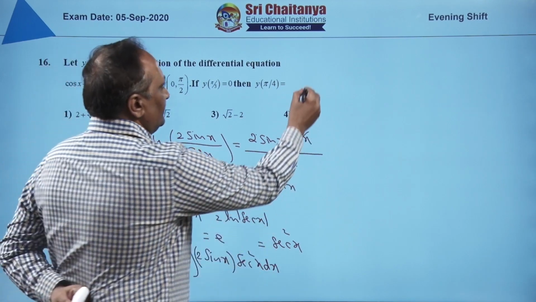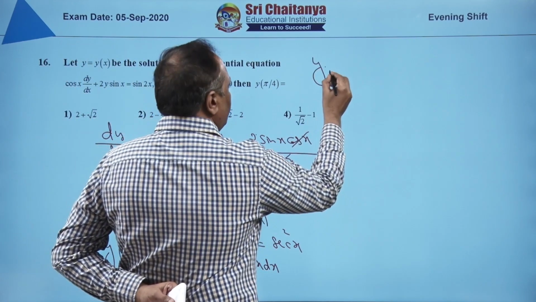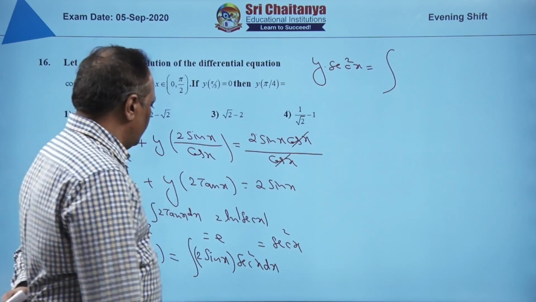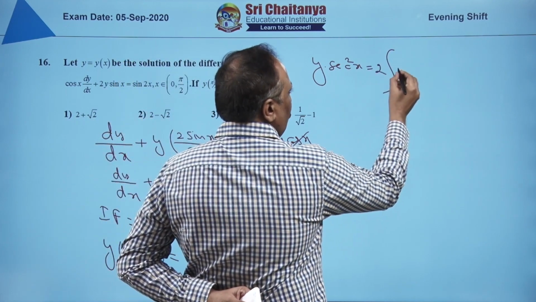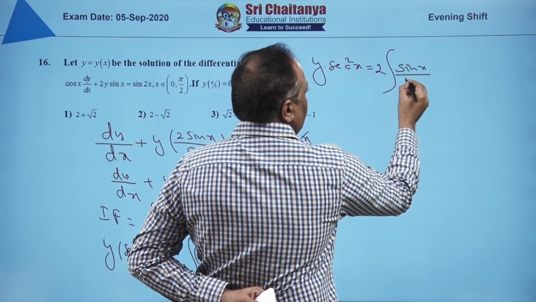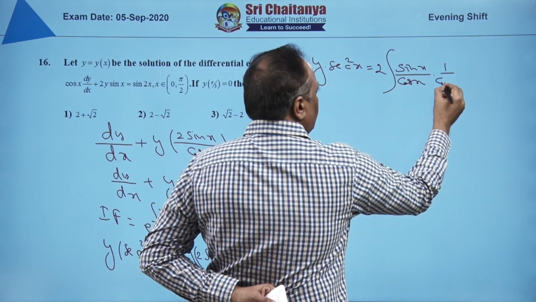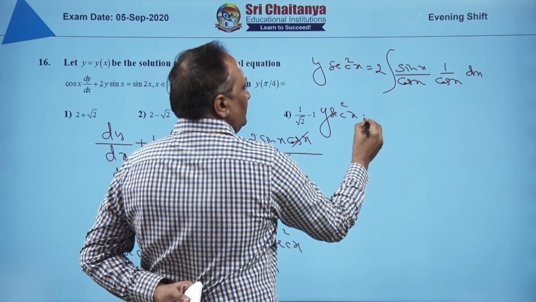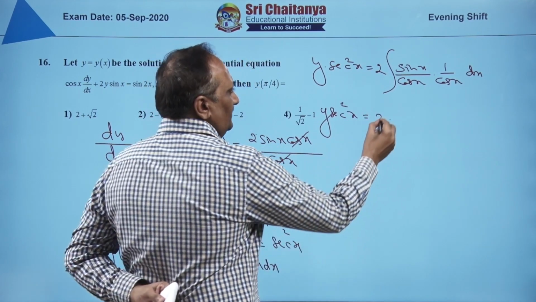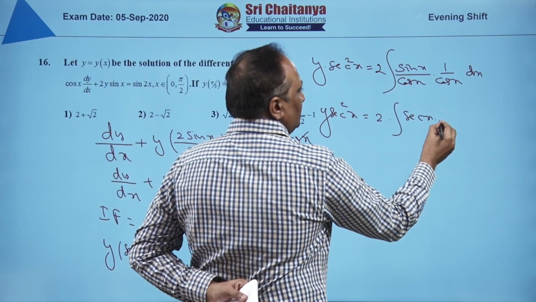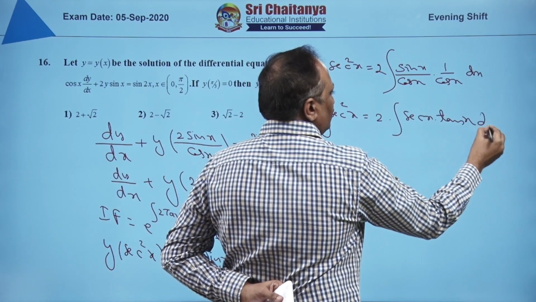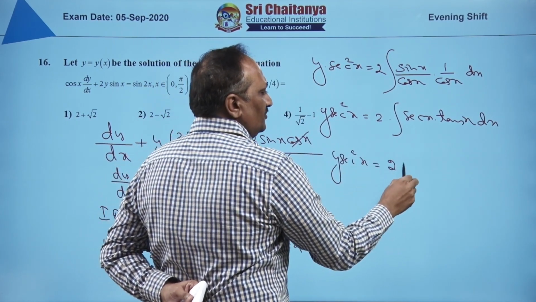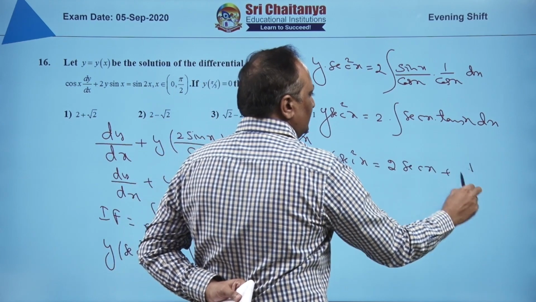So, y into secant square x is nothing but integral 2 sin x by cos x, the 2 outside, sin x by cos x into 1 by cos x dx. So, y secant square x is nothing but 2 into integral secant x tan x dx, and y secant square x is nothing but 2 secant x plus integration constant c we can write.